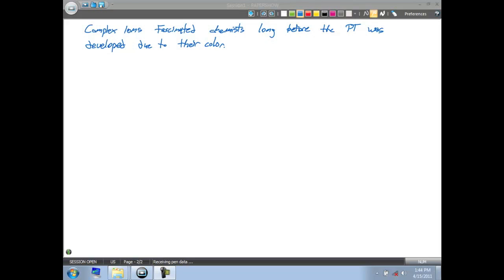So one of the things that we need to determine is, and we can use the color of these complexes to help determine what they're going to be.